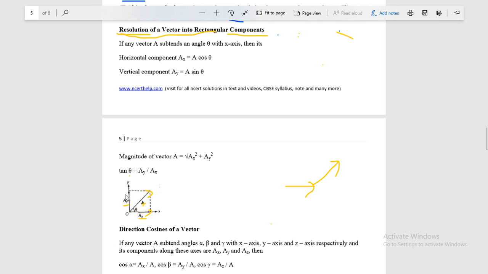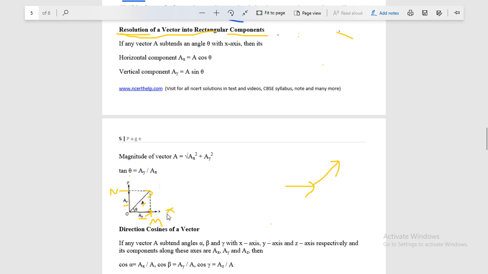Suppose this one is N. So you can say ON is a component of vector A along the y-axis. Similarly, if this one is M, then OM is a component of vector A along the x-axis.